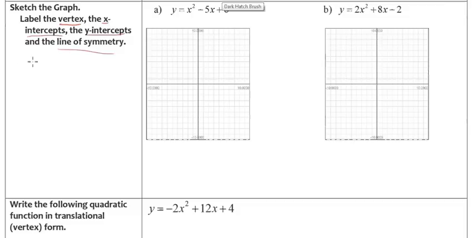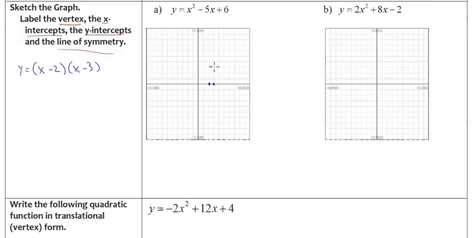We also could solve by factoring, and so if we'd factored, we'd have y equals x and x. What multiplies to give you 6, but adds to give you negative 5? It's going to be negative 2 and negative 3, giving us roots of 2 and 3.